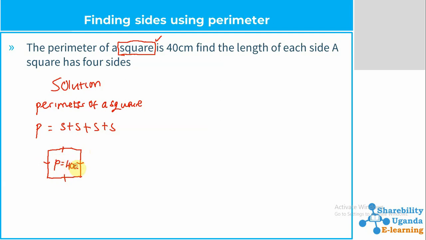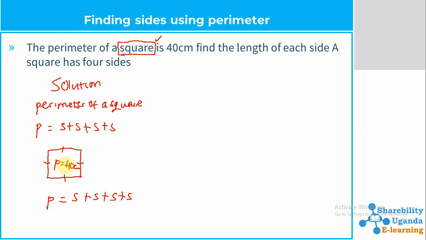So they want us to find these sides now that we have been given the parameter. We can use this formula of ours: parameter being equal to side plus side plus side plus side, 4 times, because we have 4 sides of this square.